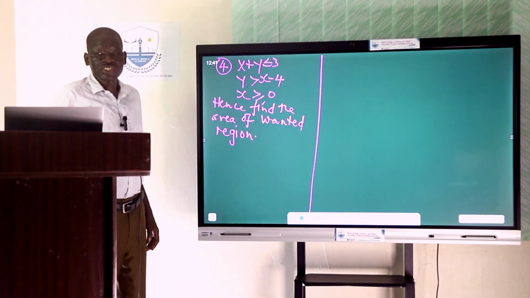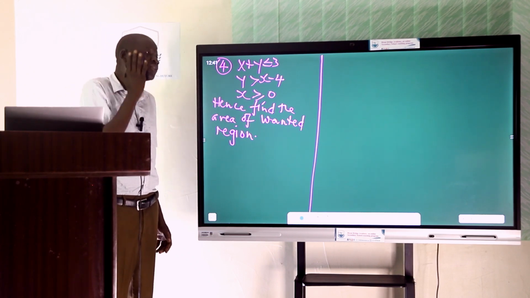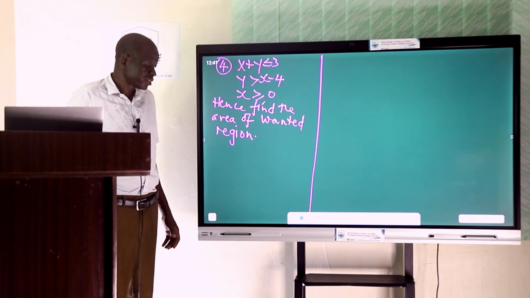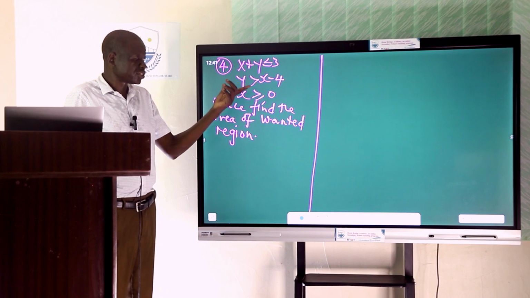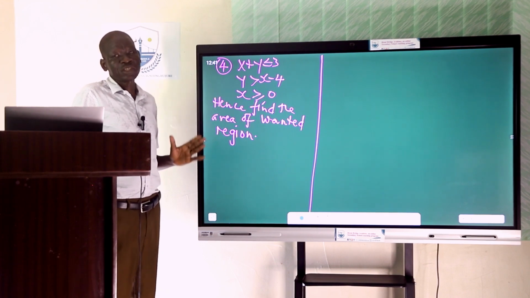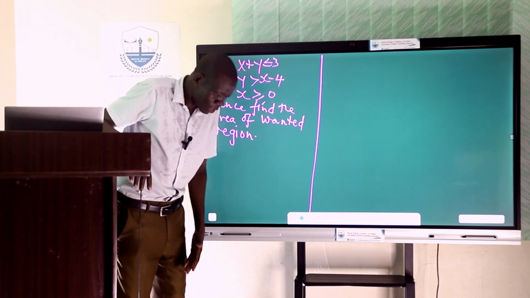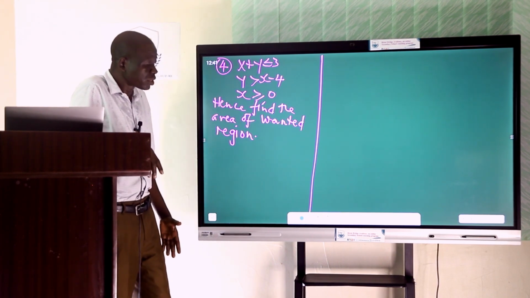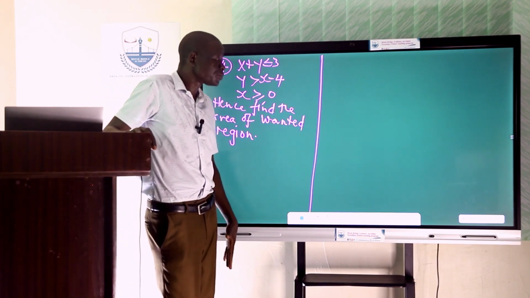So, this is how we are going to make it. We also use the same method. We are going to write each of these inequalities using the equal sign. In other words, we treat them as equations. Why do you do that? So that we can be able to plot that line on the graph.